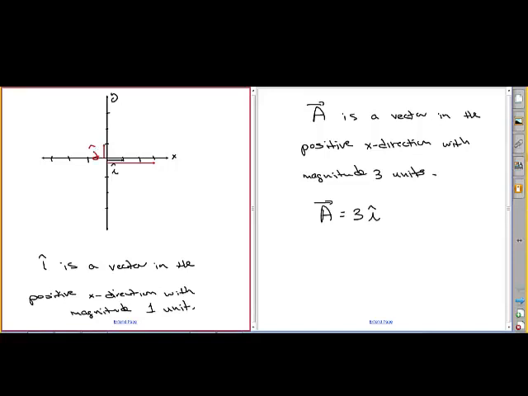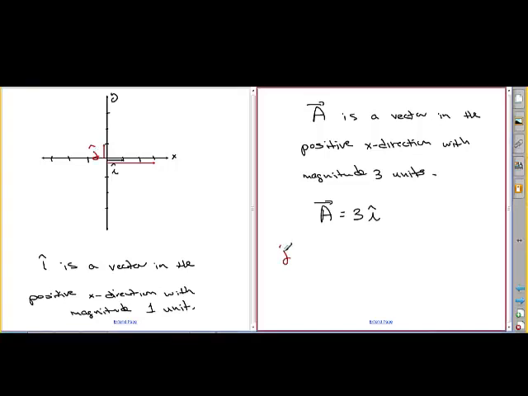The j hat vector is a specific vector in the positive y direction with magnitude 1 unit. If I had a vector B which is 4 units long, it would be 4 times j hat.